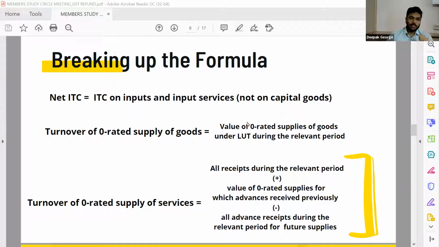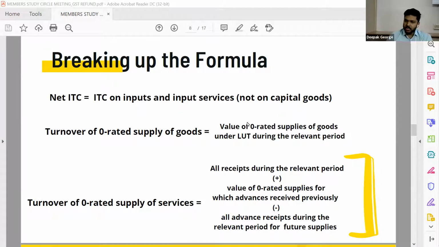So turnover of zero rated supply of services is nothing but the aggregate, or you can say you're adding two items. What are those two items? Whatever are the receipts that you have received for the supply of services, that is, you have exported services outside India.